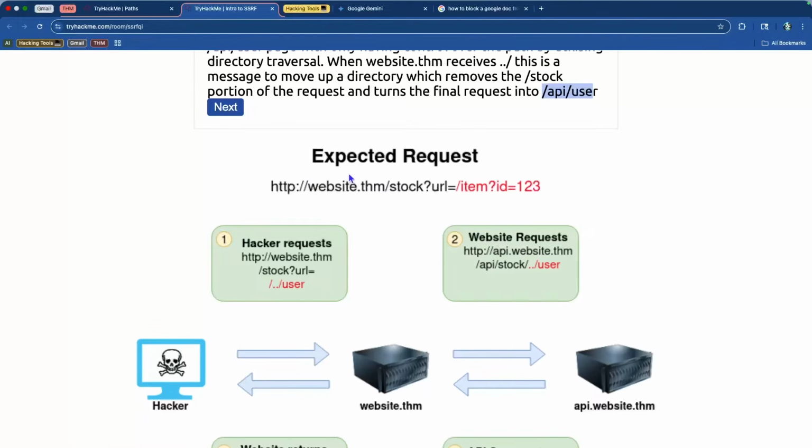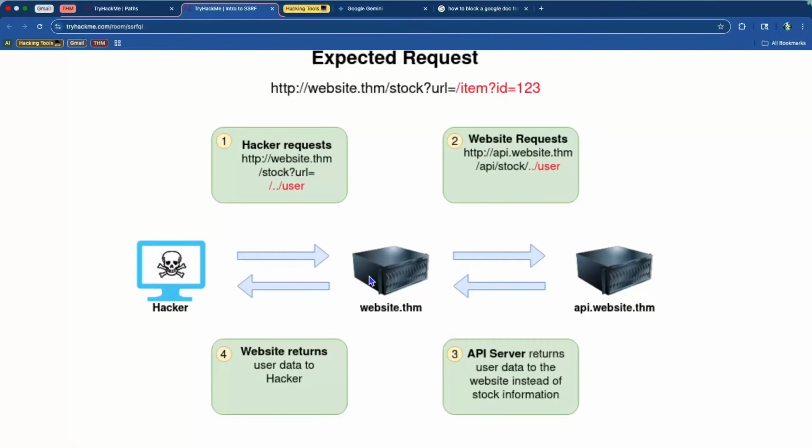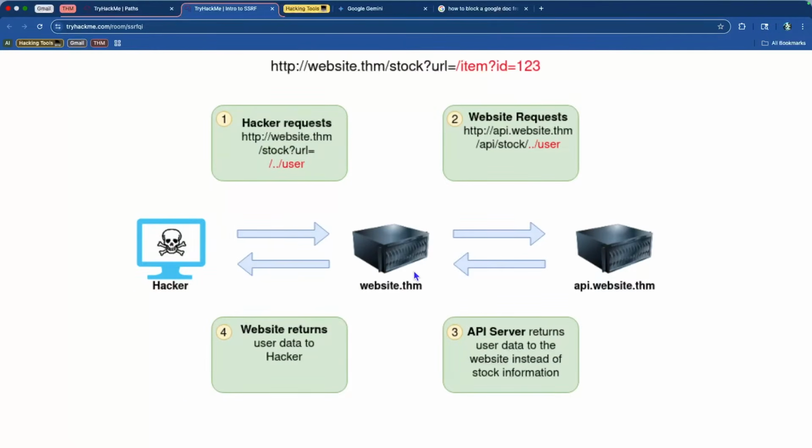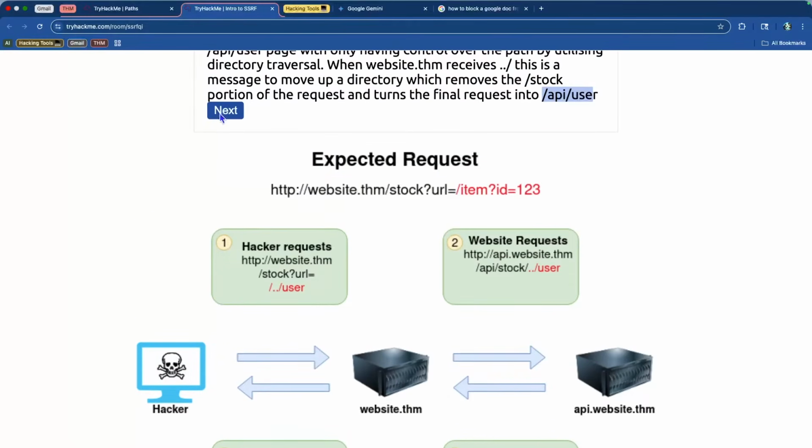Usually when you're inside the root of a file system, there should be a user folder available. So we go up from the stock location to the root, and then from there we do /user to ideally end up in the user folder, the user location inside of this specific web server.